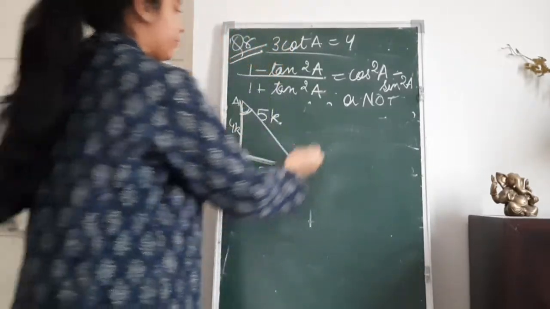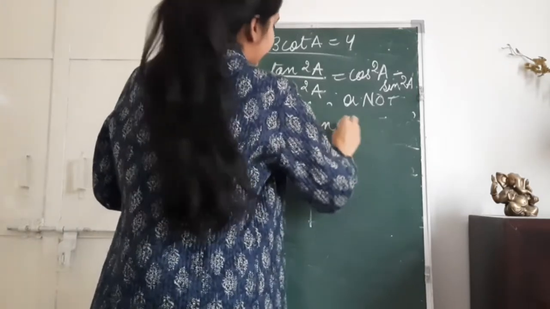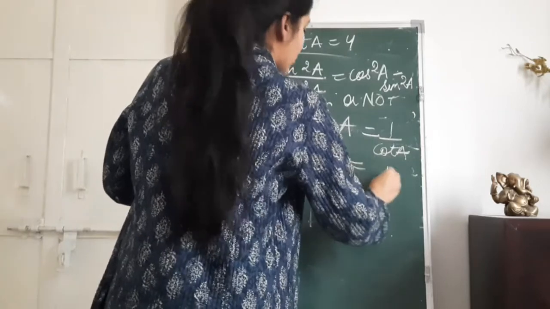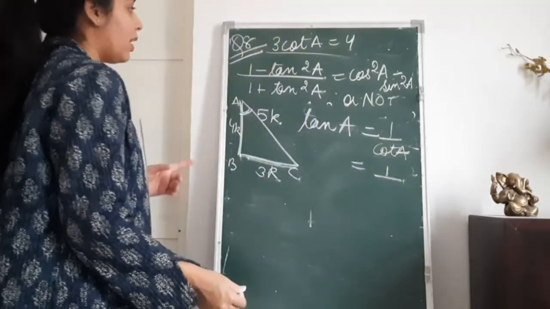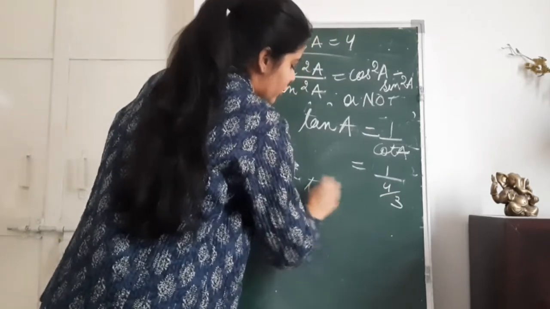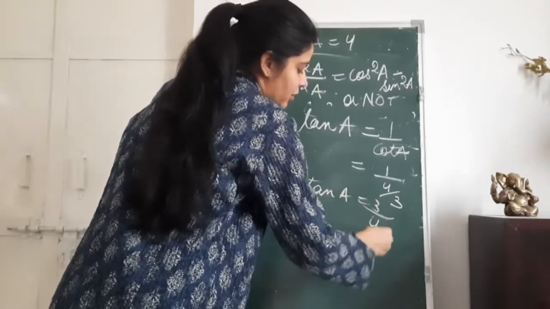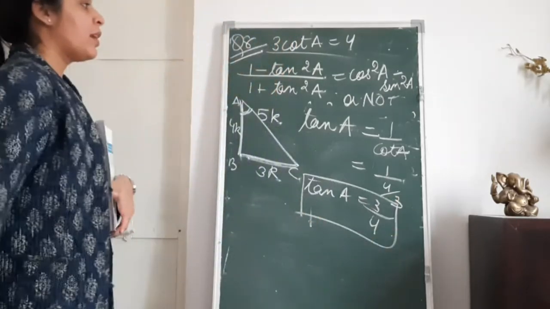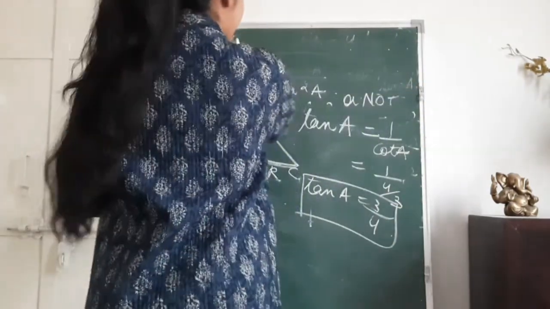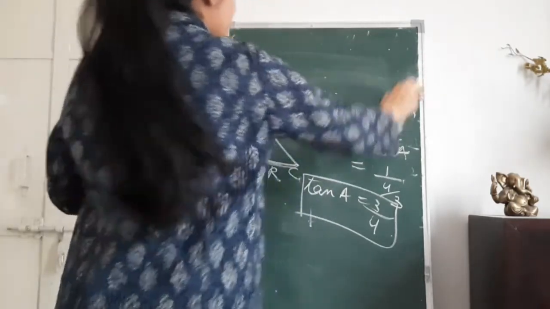Now can I find out the value of tan A here? Tan A can directly be found out because it is the reciprocal of cot A. So tan A is equal to 1 upon cot A, which is 4 by 3. Tan A is directly equal to 3 upon 4. Very important. Let me remove this so that I can write and have more space right here.